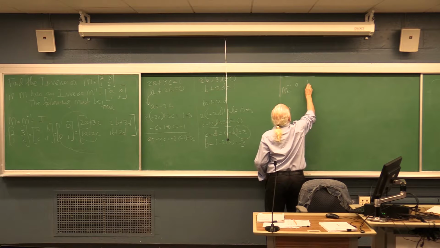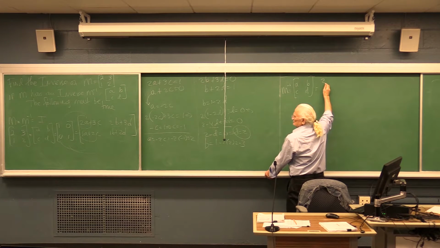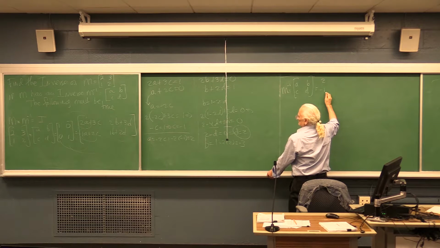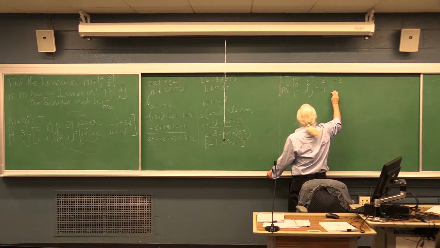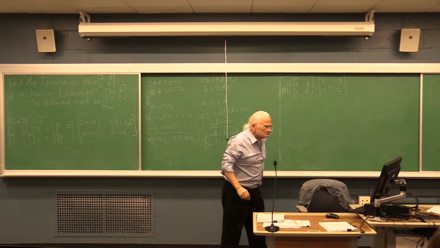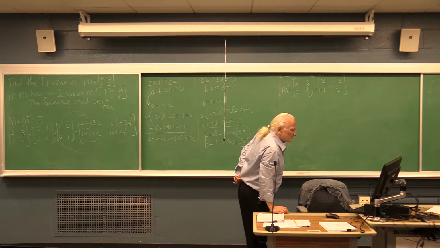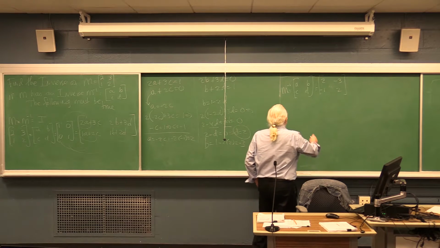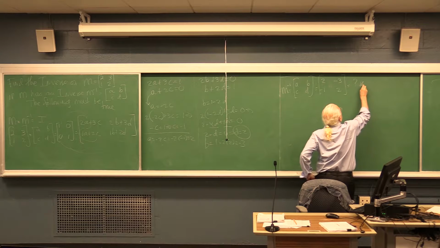This is the inverse, A, B, C, D. So I got 2, -1, -3, and 2. I think that's correct. Well, so the question is, is this the inverse?